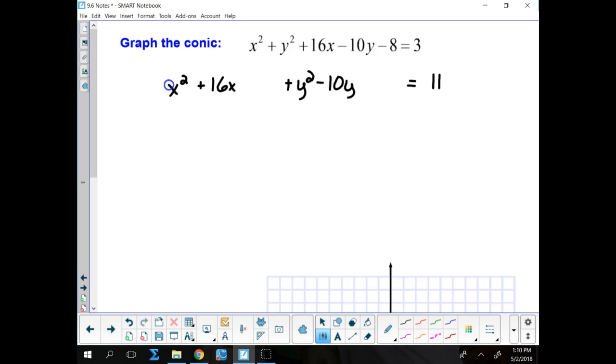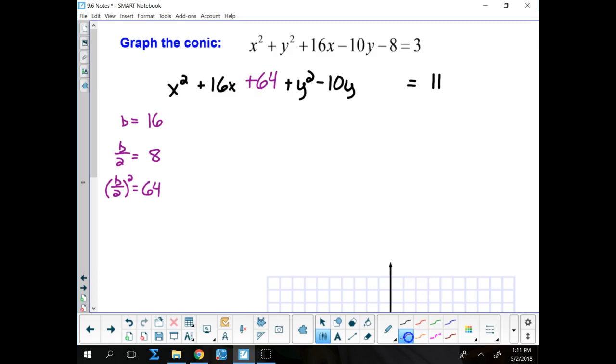What's the b value for the x's? Just 16, right? Then I divide it by 2. So 16 divided by 2 would be 8. Then I square that. So this gap gets filled with 64.